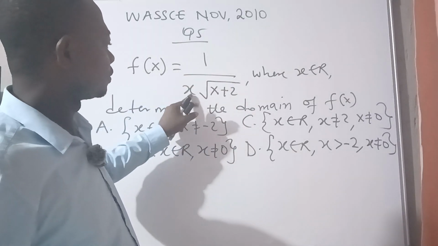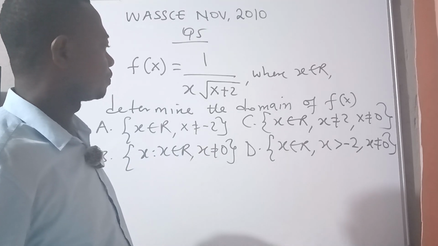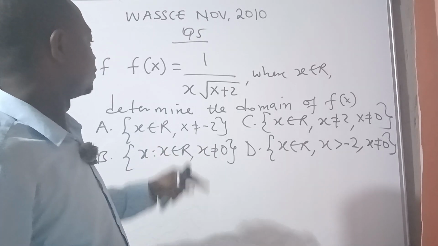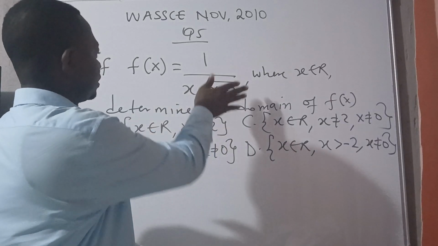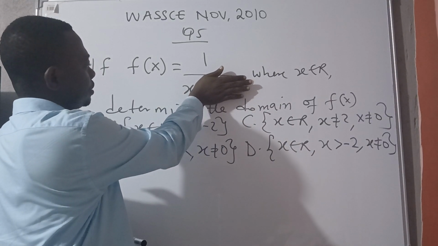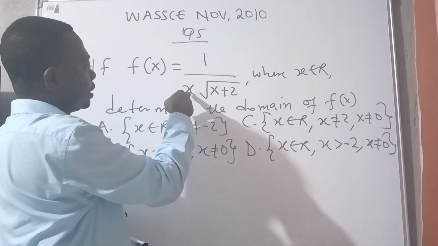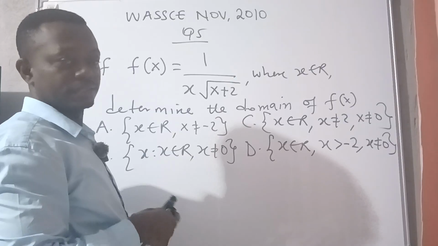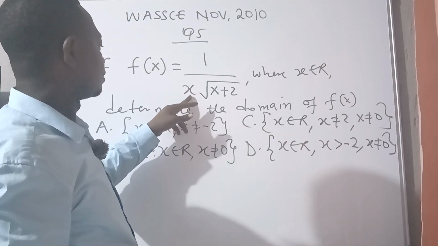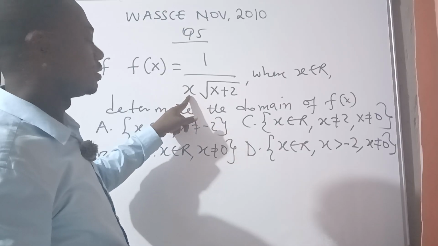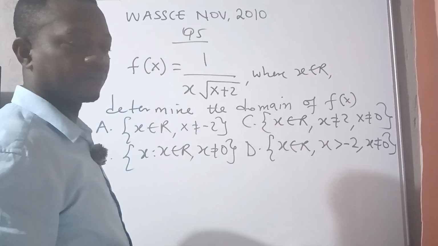So 1 on x times square root of x plus 2. So we have two things to do here. Now, if this side were to be x, we say the domain of this one will be x belongs to all real numbers, except x is not equal to 0. Or we can say x can never be 0, because if x equals 0, this one will be undefined.